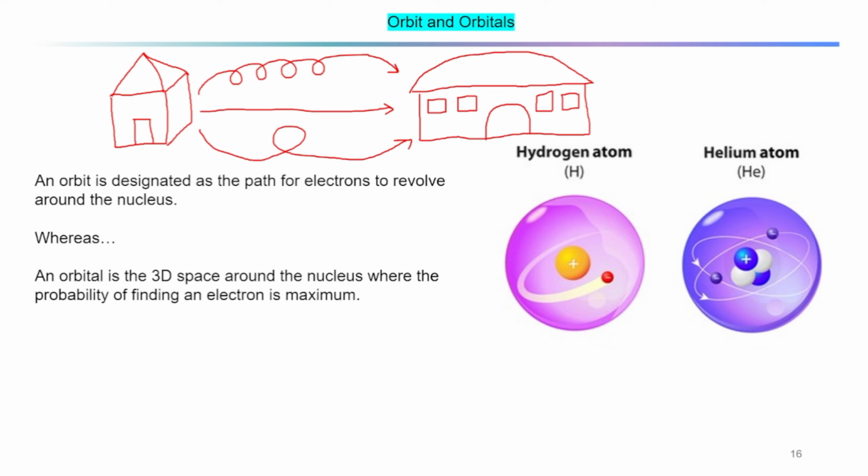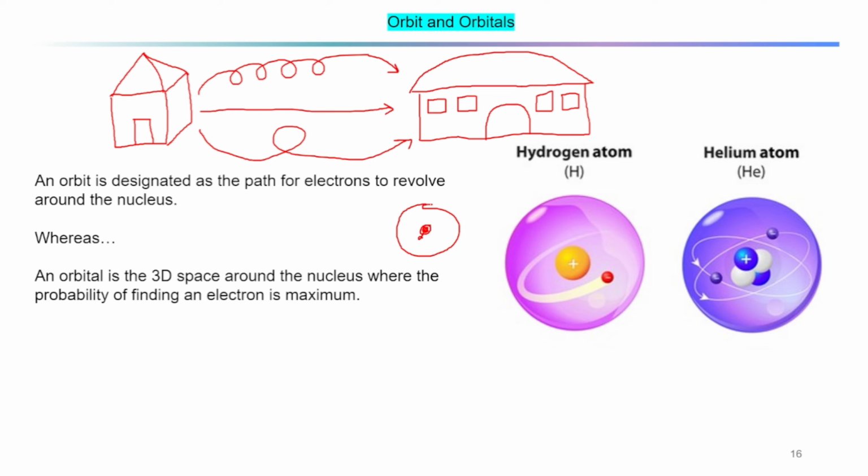Now let's try to understand the definition of orbit and orbital. An orbit is designated as the path for electrons to revolve around the nucleus. This is actually a two-dimensional conception, where the electron is rotating around the nucleus. Here the yellow one is the nucleus and the electrons are rotating around it. If I draw, this is the proton or the nucleus, and in this path the electrons are circulating.